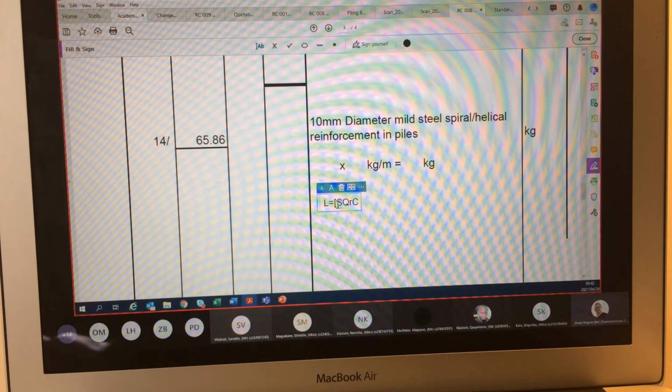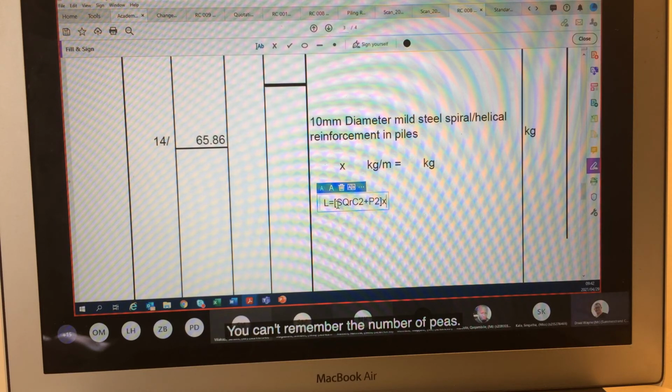I need C squared plus P squared, and all of that is multiplied by the number of P's. You remember that? The number of P's.